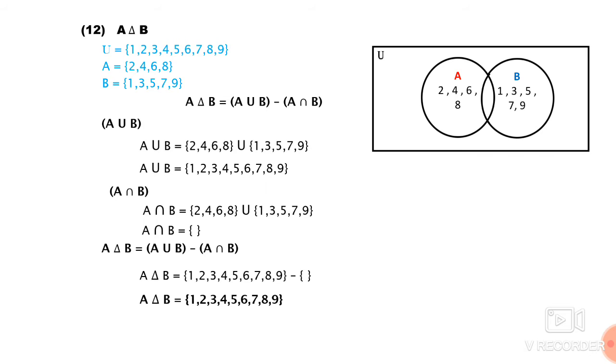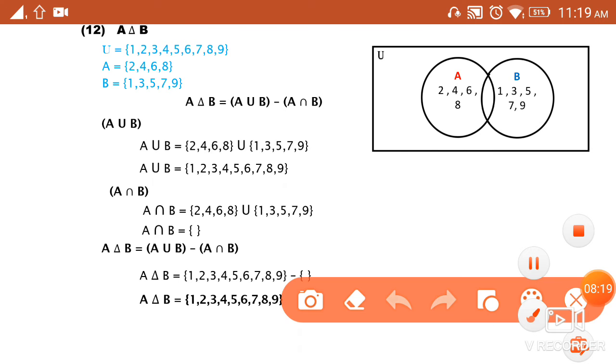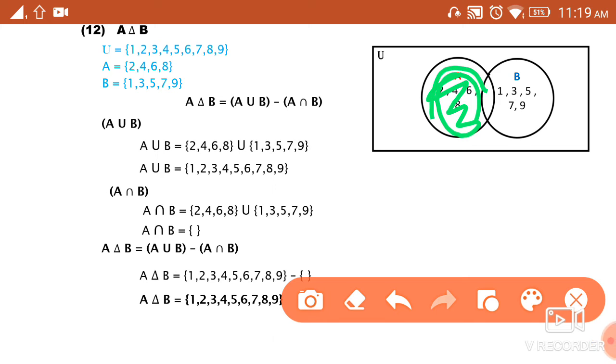Now the fourth step, shading. Here we can see that the set A symmetric difference B contains elements 1, 2, 3, 4, 5, 6, 7, 8, 9. So we will shade the part which contains these elements. We will shade the first circle, and also the second circle.